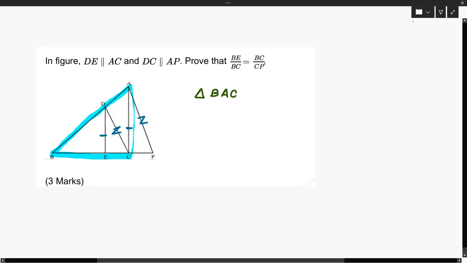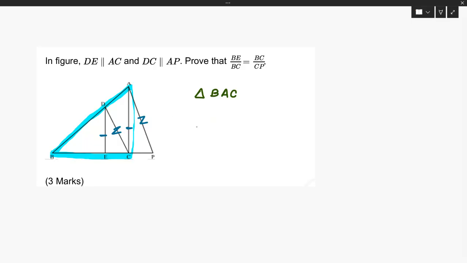BD upon DA is equal to BE upon EC. This is called the basic proportionality theorem.